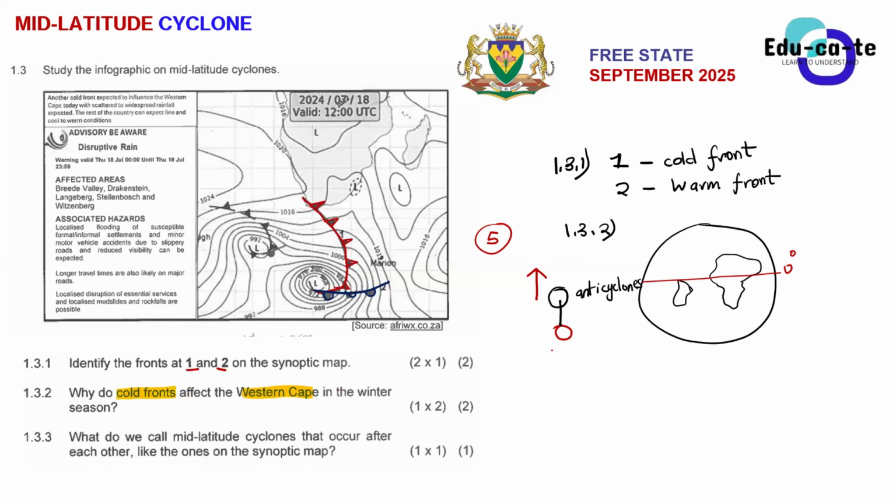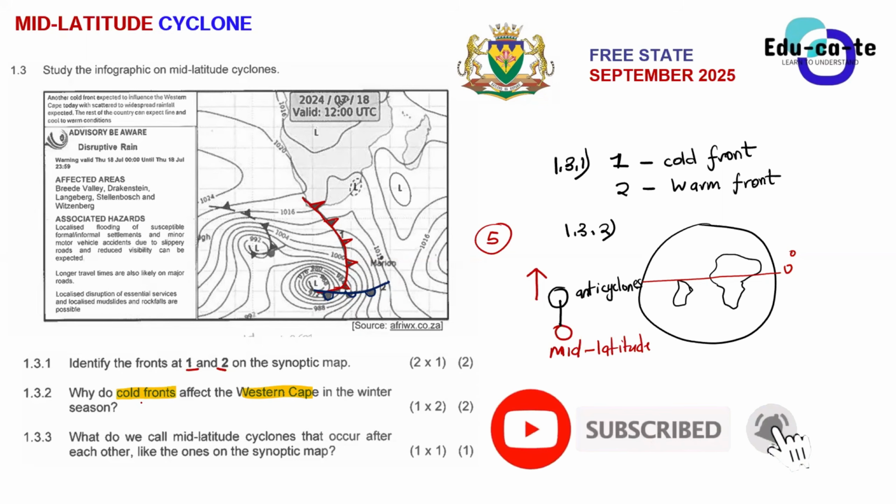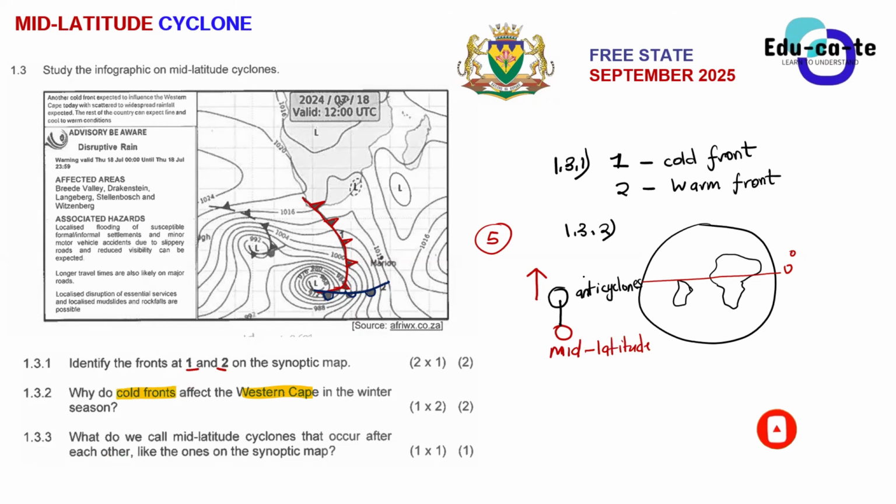All right. So the mid-latitude cyclones, just imagine it as this red ball. The mid-latitude cyclones are connected to anticyclones. They are also connected to the wind belts, the westerly wind belts. You guys were talking about westerly wind belts, so they are also connected to the westerly wind belts.